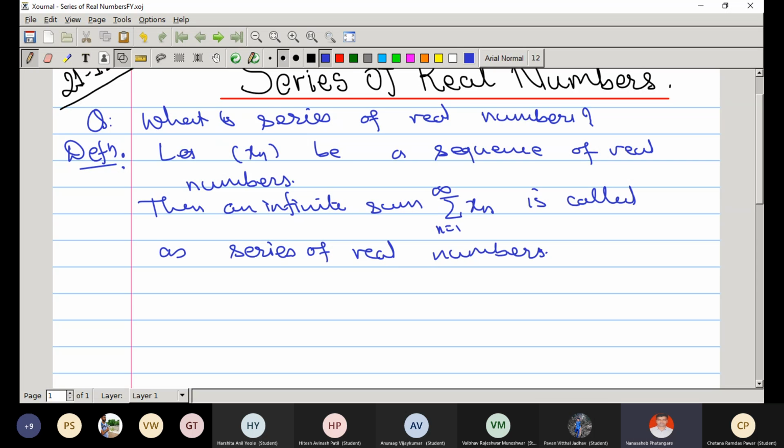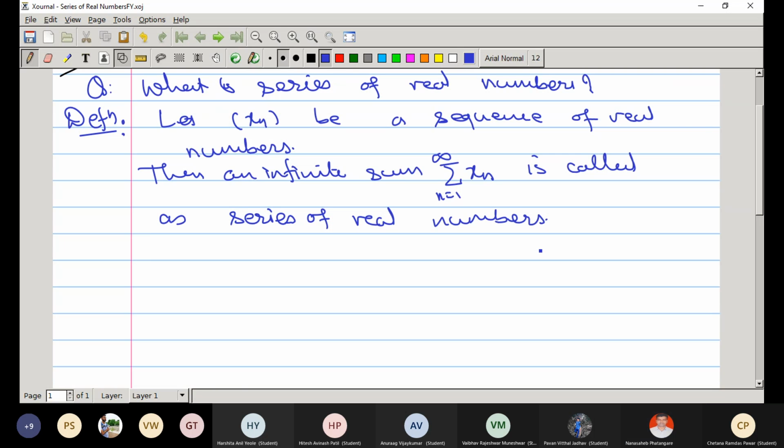Right, so if you have infinitely many numbers, just add. But here the position of numbers is fixed. So here xn is called the nth term of the series.